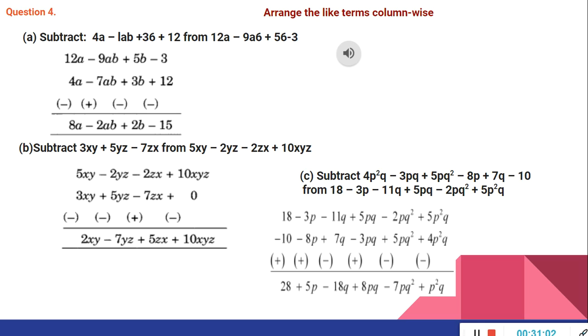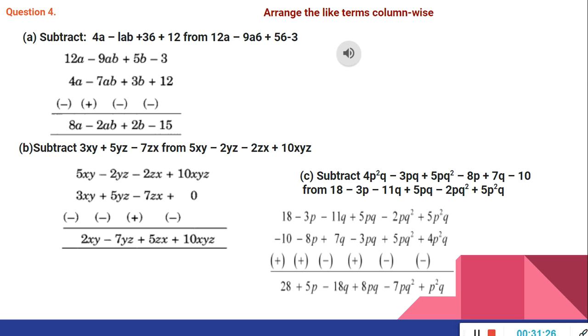First 18 minus 3p minus 11q plus 5pq minus 2pq square plus 5p square q, minus 10 minus 8p plus 7q minus 3pq plus 5pq square plus 4p square q.